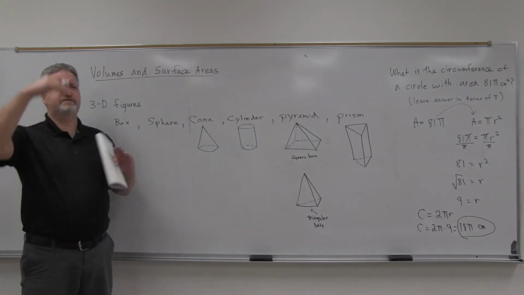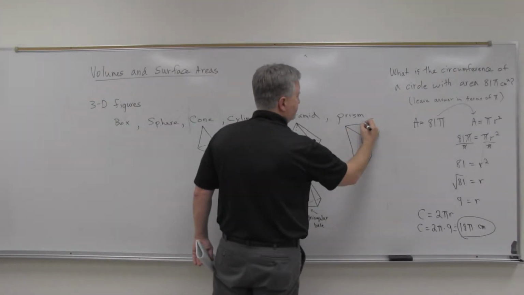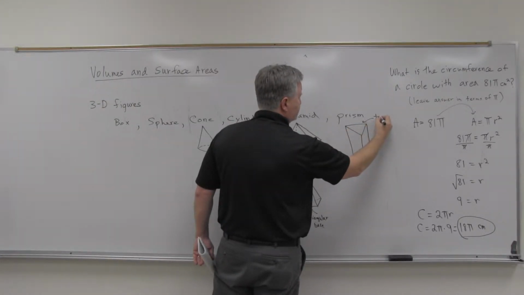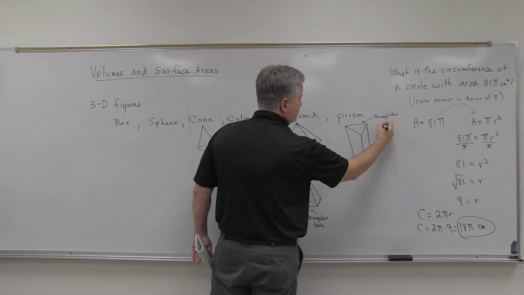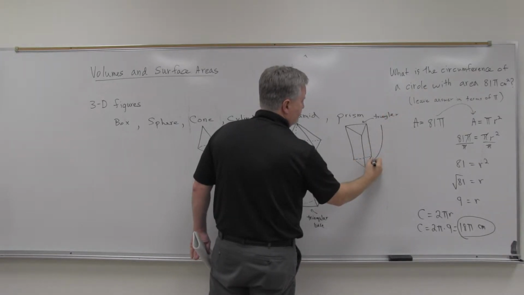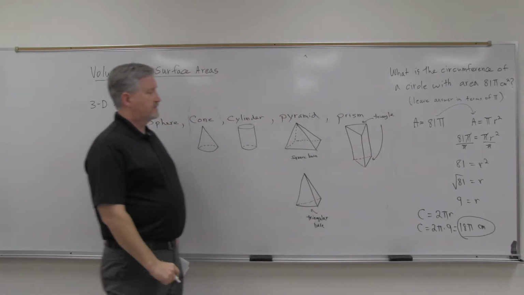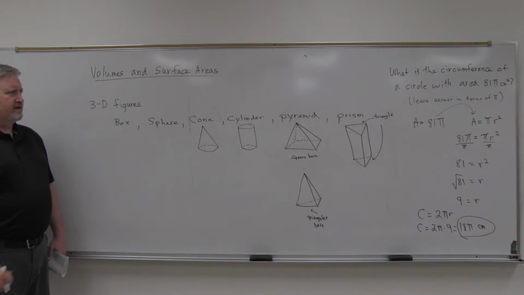So the deal on the prism is you've got the top and the bottom are the same. In this case, we've got a triangular top and a triangular bottom there, or bases. It's a triangle, and then you've got a congruent triangle for the base.